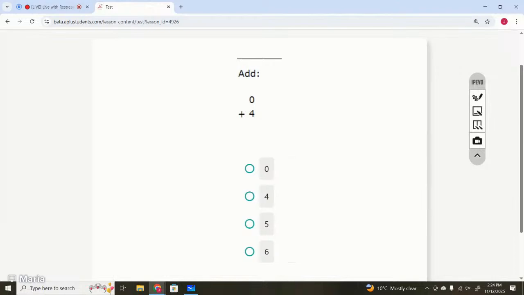Add 0 plus 4. That is 4 plus 0 is 4. Option number 2 is the correct option.